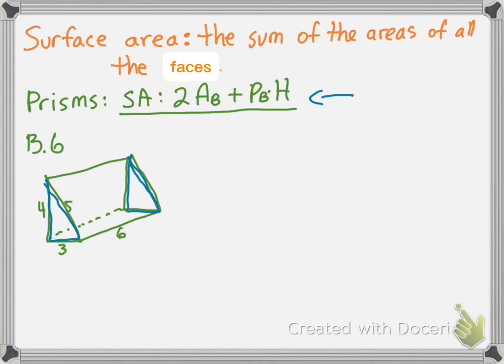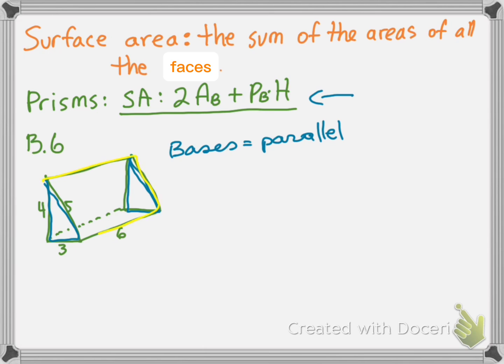Now remember that the way to know which one is the base in a prism is that the bases are always parallel. So you have to look for the sides that are parallel. Plus, the other thing is that the faces that are not bases are always going to be rectangles in a prism. So, as you can see here, everything else is a triangle.